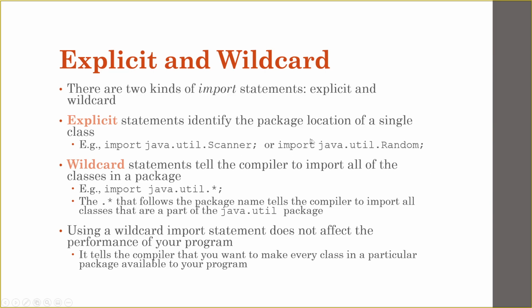We've seen these explicit statements. Wildcard statements tell the compiler to import all classes in a package. A wildcard statement is just a star at the end. So if I say import java.util.*, it will import every class in the util package, including Scanner and Random. So that's another kind of import statement we could use.